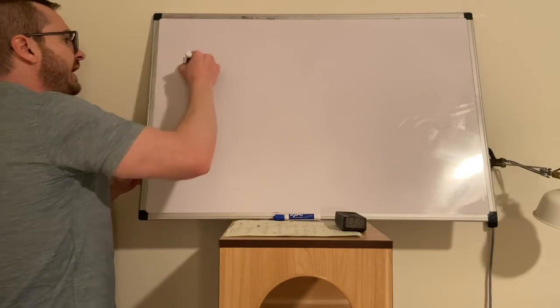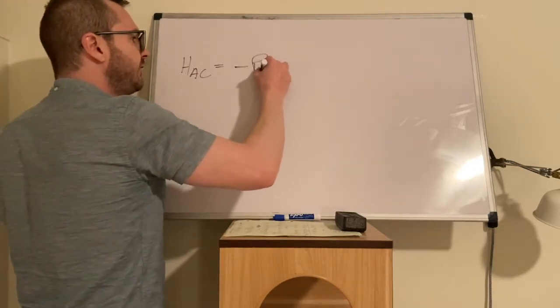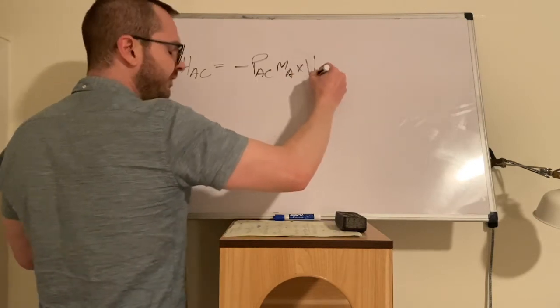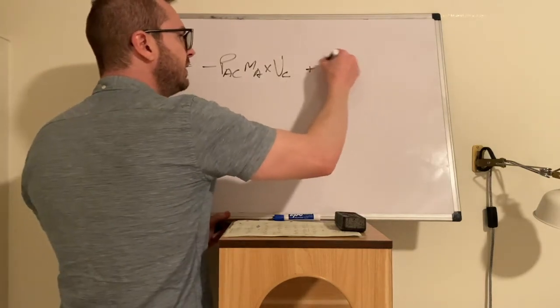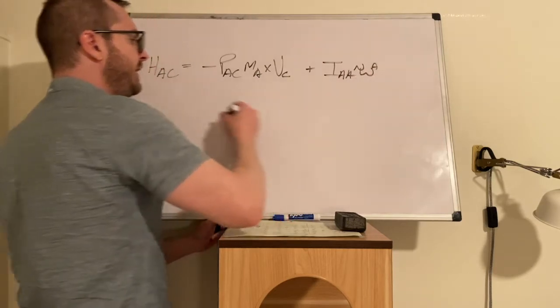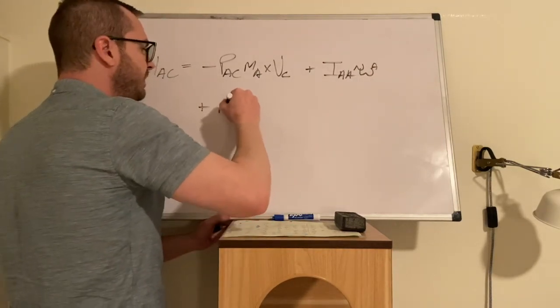All right, so HAC. This is going to be minus PAC, MA cross VC, plus IAA omega NA plus, and now here's that third term again.